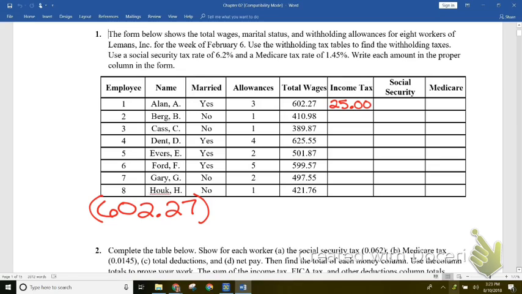To find 6.2% of that, remember that the word percent literally means divided by 100. So 6.2 divided by 100. And then that gives me a value of $37.34. So that's his Social Security value.